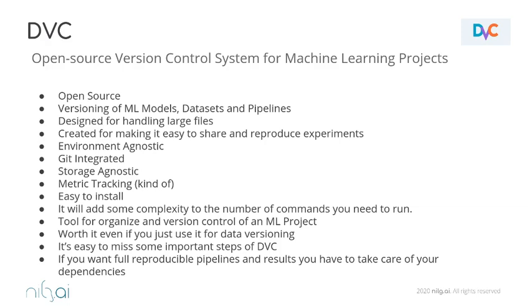DVC handles this by creating a cache repository that you can have, for example, on a Google Cloud server, a local server, or on Azure, AWS, or something of your choice. And it allows you to keep track of the cache of all these pipelines, data and models.